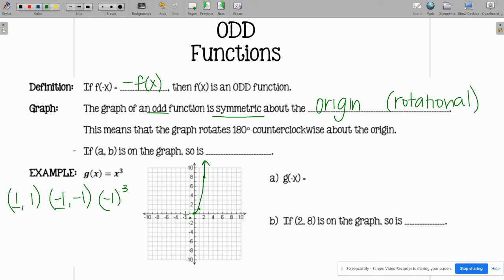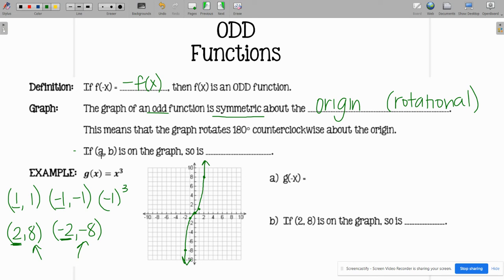If I plug in negative 2, I'm going to get out negative 8, because negative 2 times negative 2 is 4, times negative 2 again is negative 8. So your function looks something like this. Let's compare that: when I plugged in 2, I got 8, but when I plugged in negative 2, I got negative 8. So when I plugged in the positive version versus the negative version, my outputs were also opposites of each other.